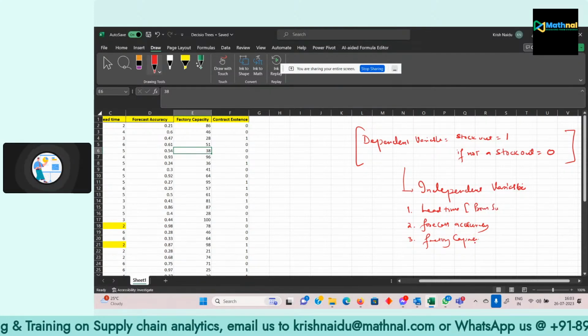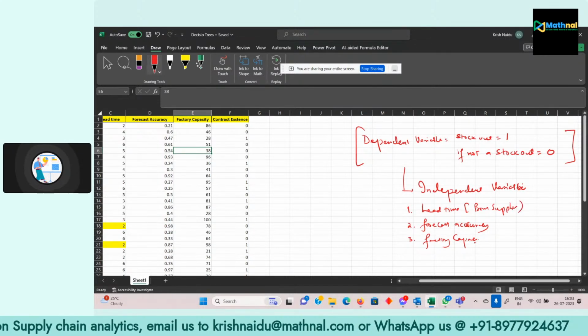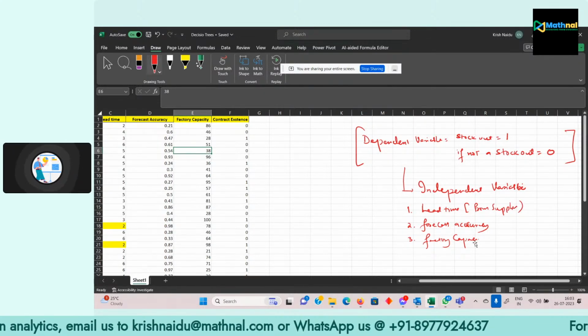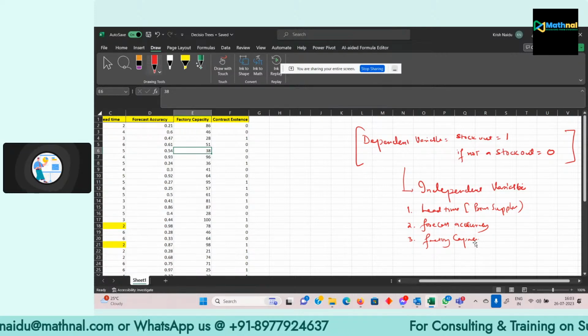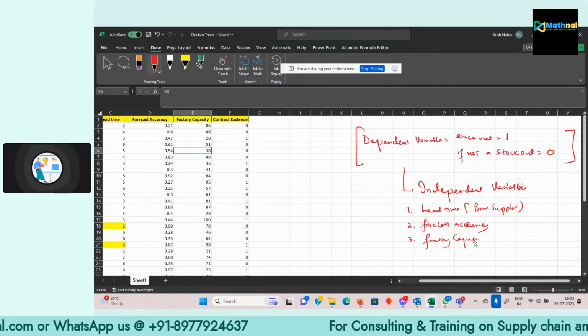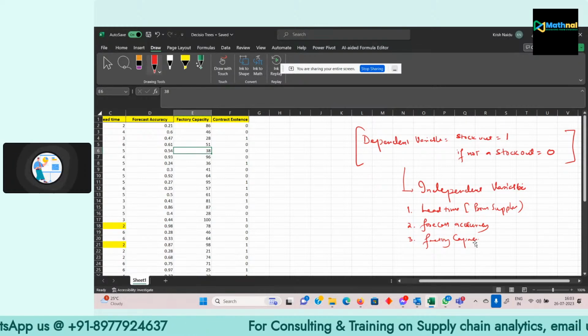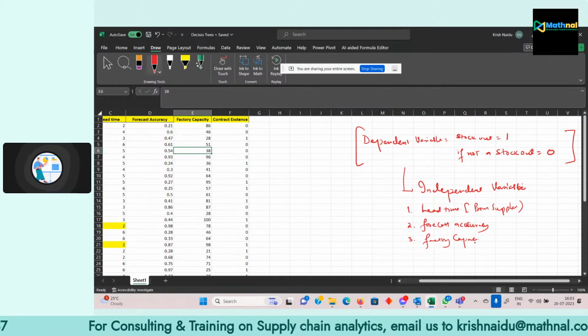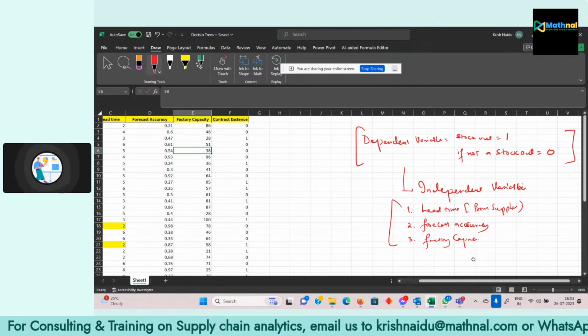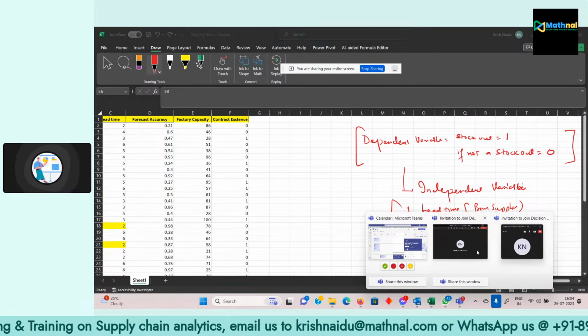So we're trying to focus on our upstream, and from the upstream we are trying to understand our stock out rate. This is how we can optimize our inventory. So these variables all belong to the upstream variables.